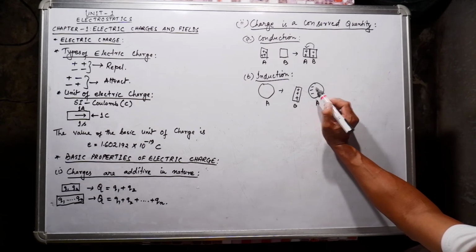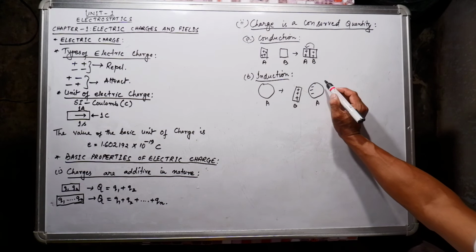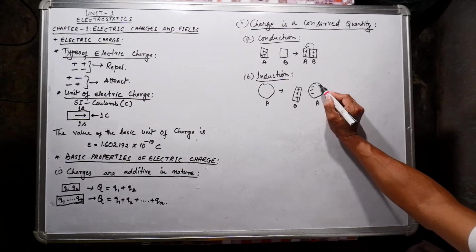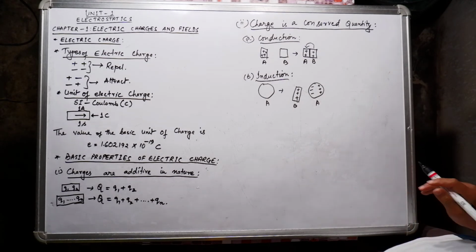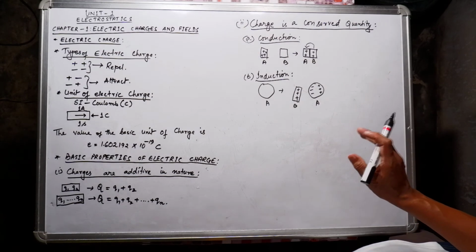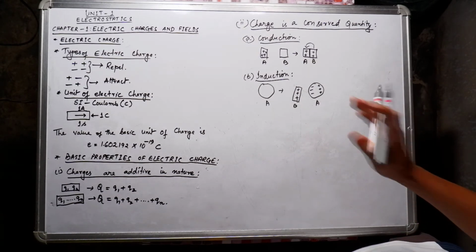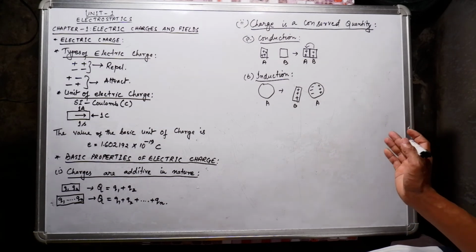In this case, they shift towards B, and they make the far side from B positively charged. So if you look at A, it is polarized. One side is positive, another side is negative.